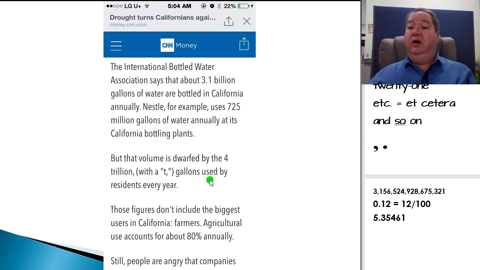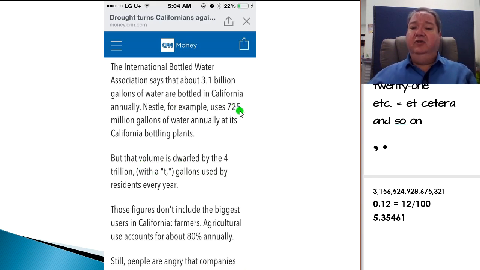So sometimes if we're talking about very large numbers, especially billions and trillions, they'll say it's 5 billion with a B, or in this case 4 trillion with a T, to emphasize it, because million, billion, trillion sound similar, so that stresses it, it makes it more clear. That volume is dwarfed.